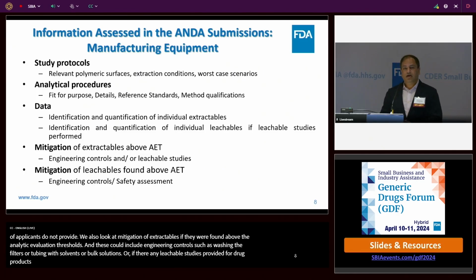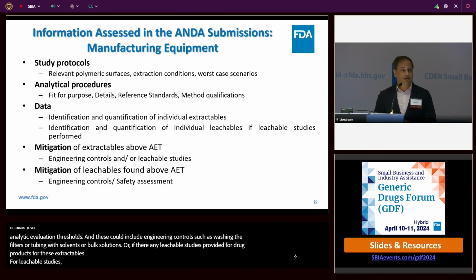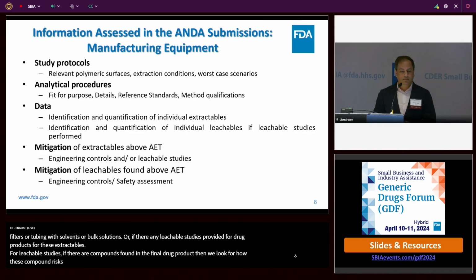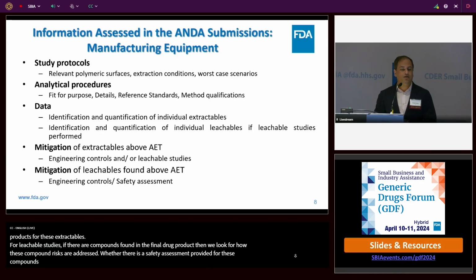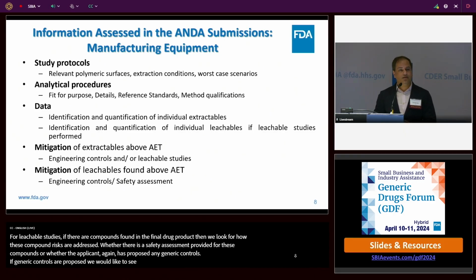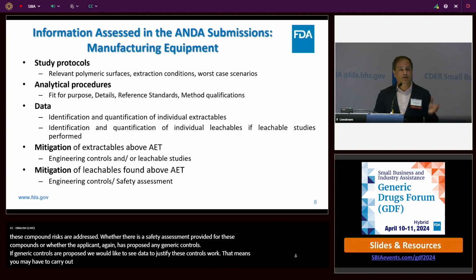For the leachable studies, if there are any compounds found above the AET in the final drug product, then we look for how the risk of these compounds is addressed, whether there is a safety assessment provided, or whether the applicant has proposed any engineering controls. If engineering controls are proposed, we would like to see data to justify that these controls have worked. That means you may have to carry out leachable studies after the controls have been implemented.